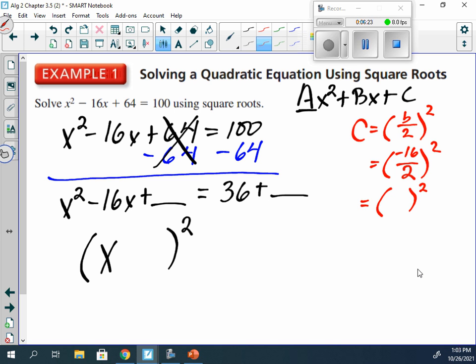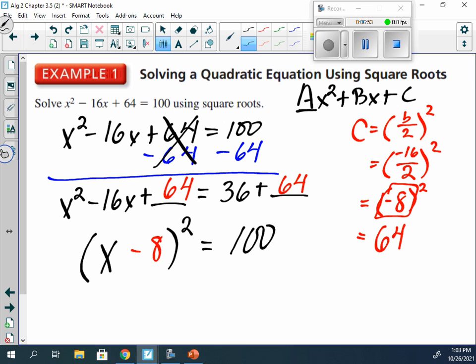Negative 16 divided by 2 is negative 8, and negative 8 squared is 64. So the value of C is 64, and we need to add it to both sides. What goes inside the parentheses is x minus 8, so we would have x minus 8 squared is equal to 100.